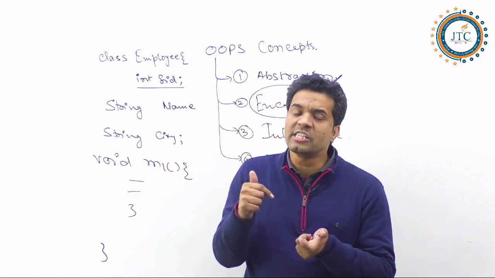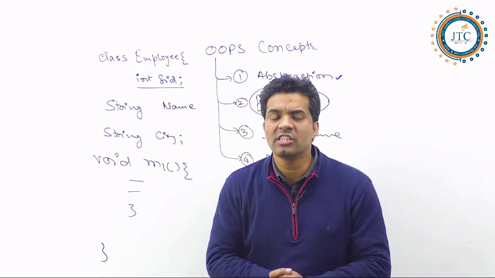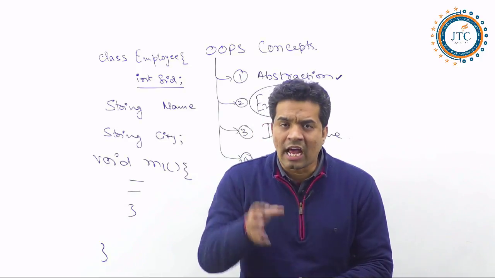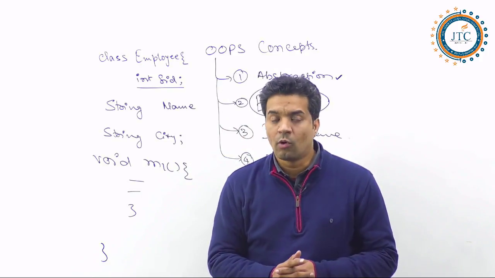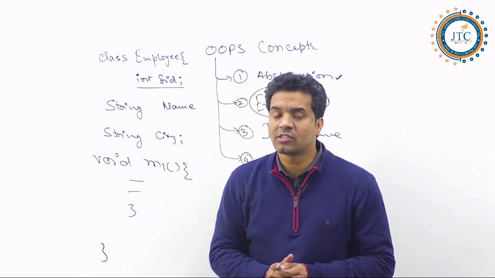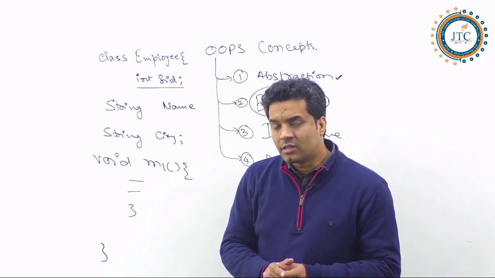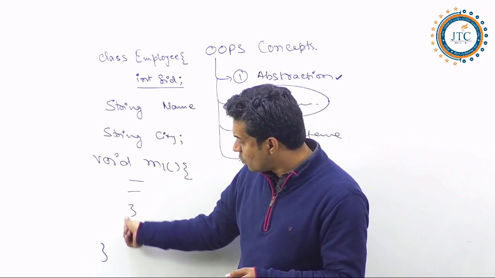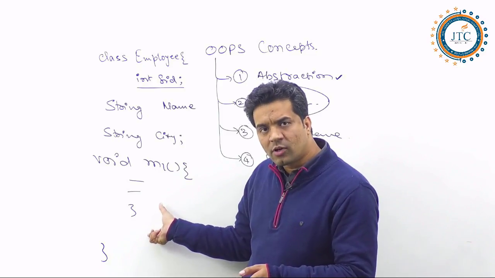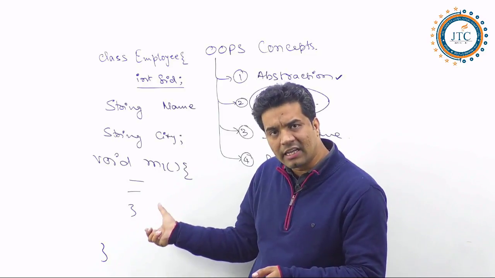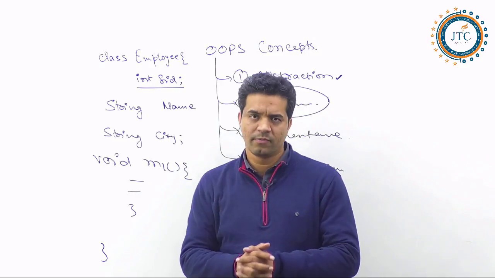Now, based on these properties, what type of operation is it going to perform? All those things you are also going to write within this class itself. All the types of operations you are going to define inside this class itself.